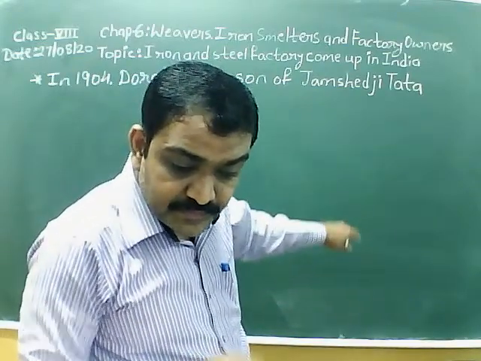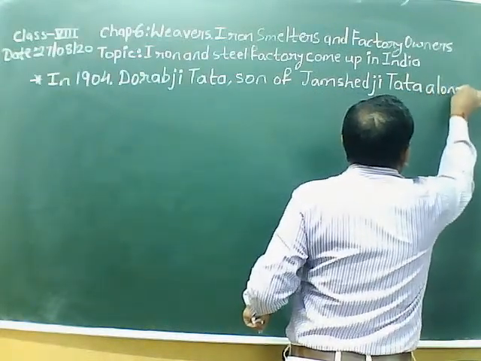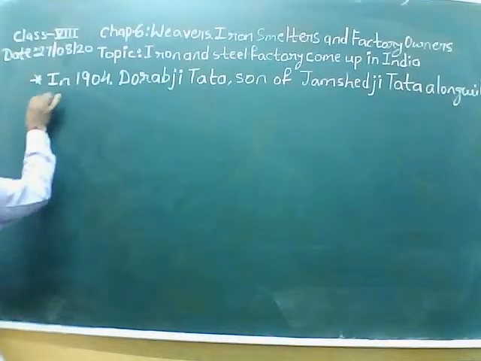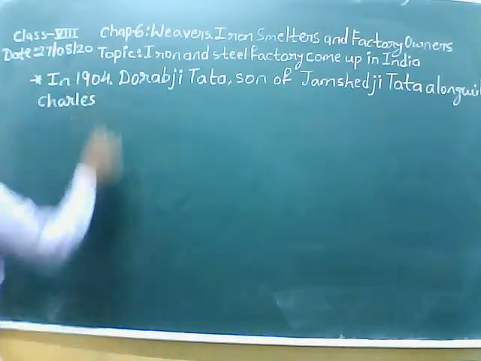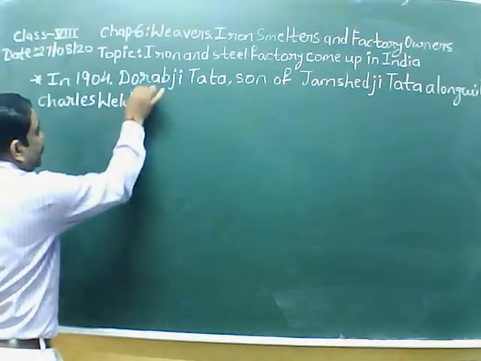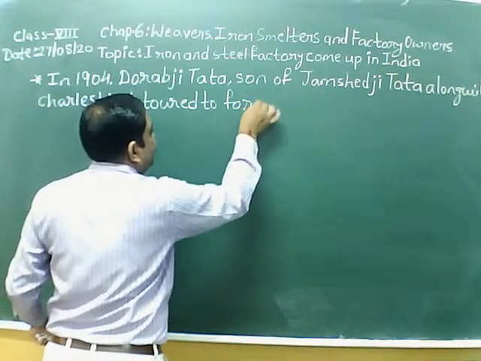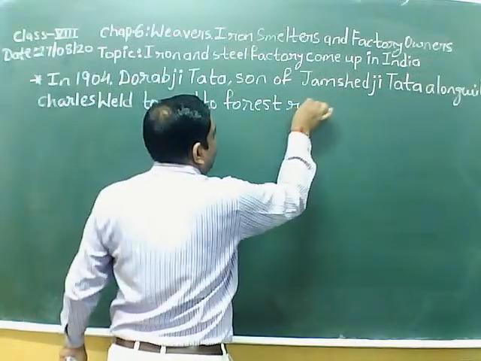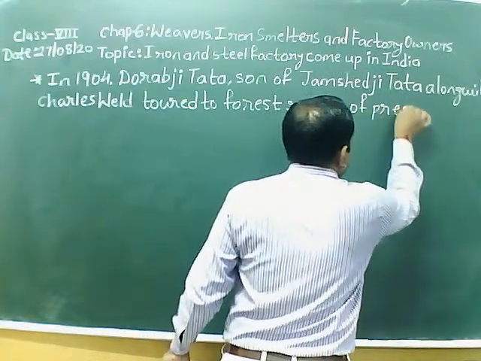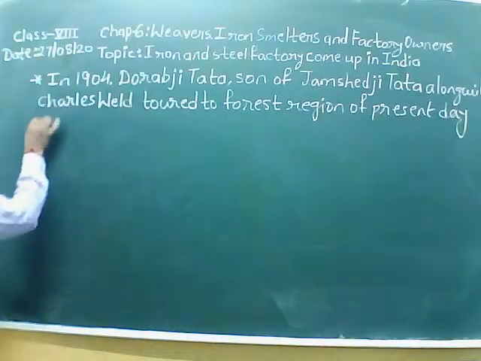In the year 1904, Dorabji Tata, along with Charles Webb, toured the forest region of present day Chhattisgarh.